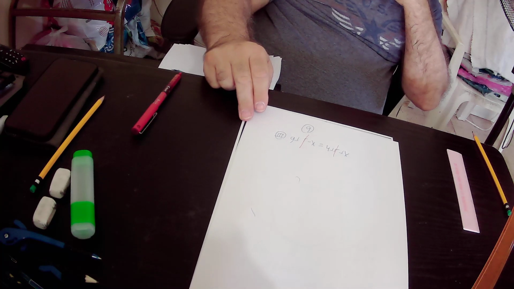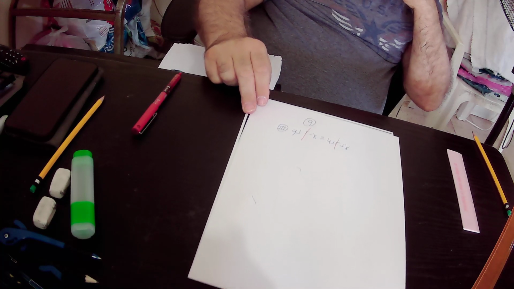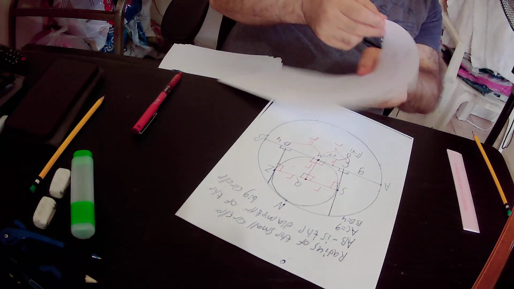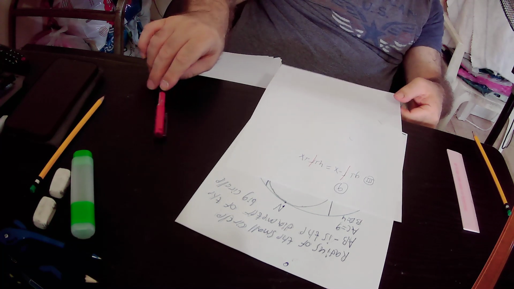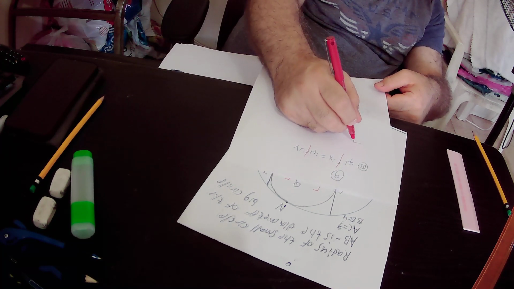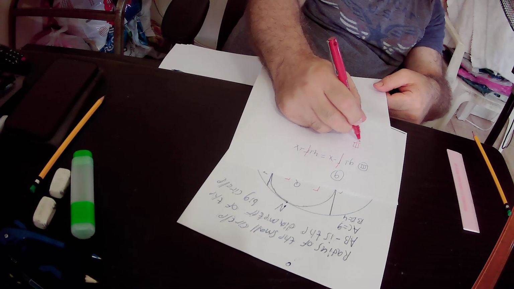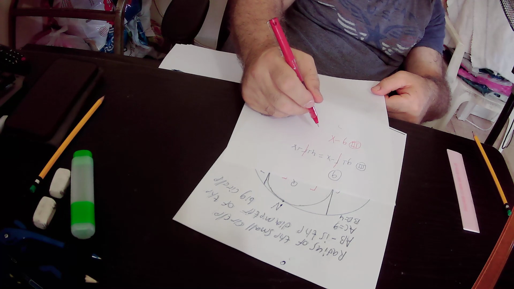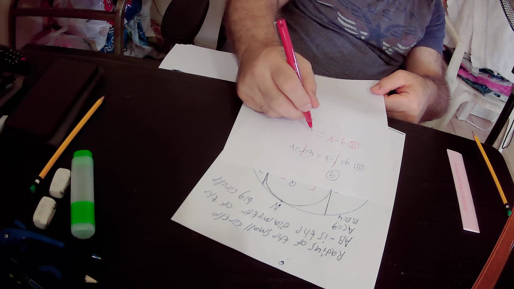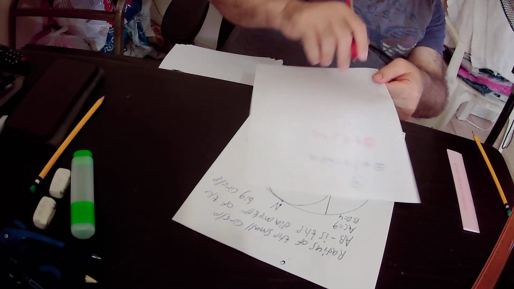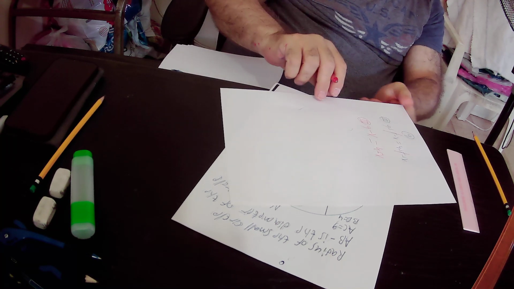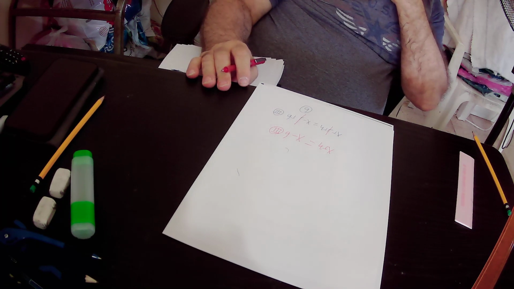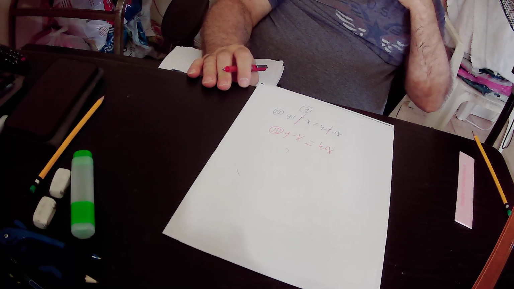So what is left after we cancelled r is 9 minus x equals 4 plus x. Okay, that is what is left after we cancelled r: 9 minus x equals 4 plus x.